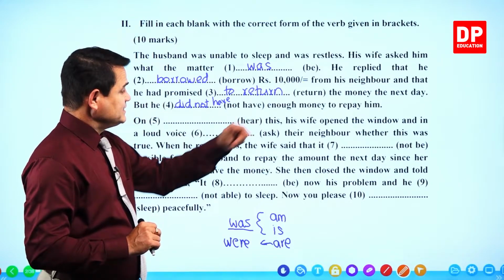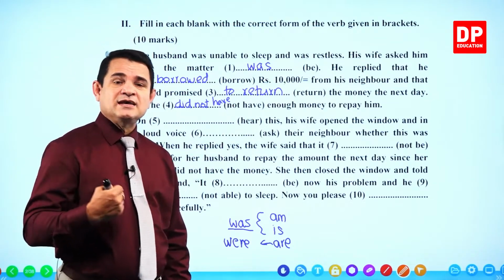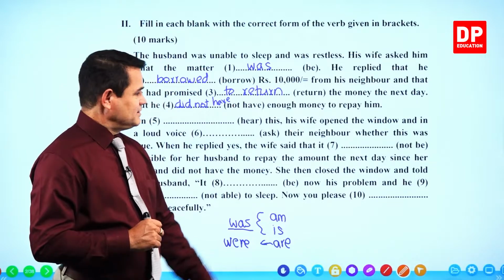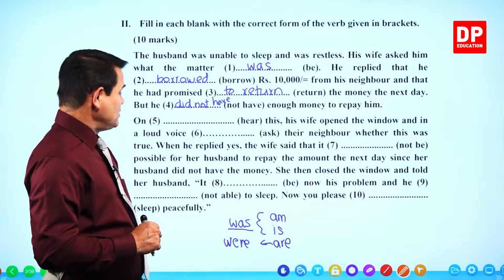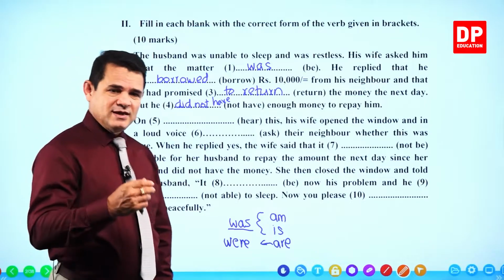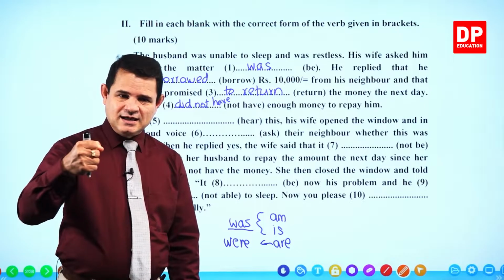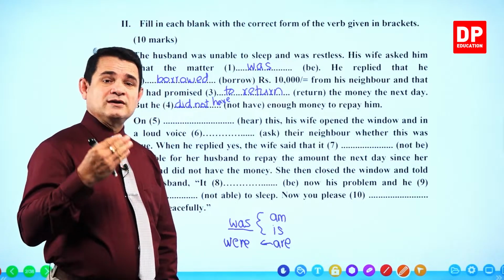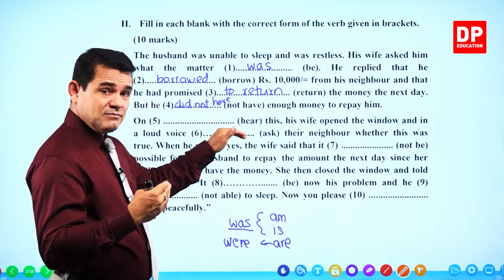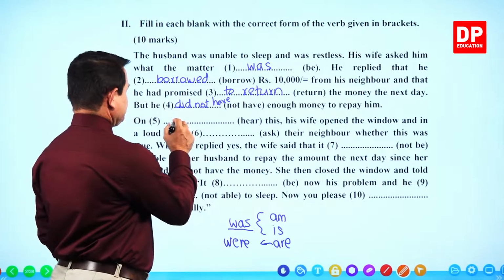On blank this. How do we say "on hearing this"? His wife opened the window and in a loud voice asked their neighbor. How do you say it?